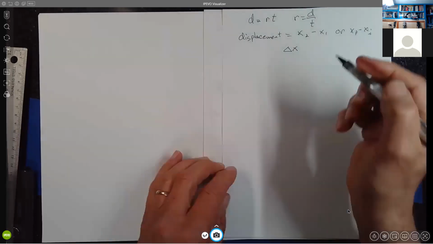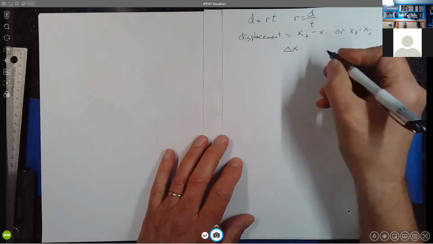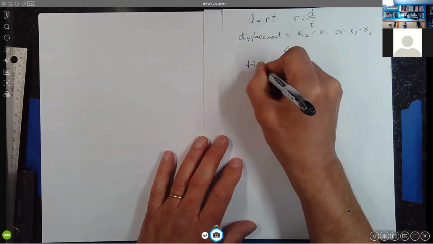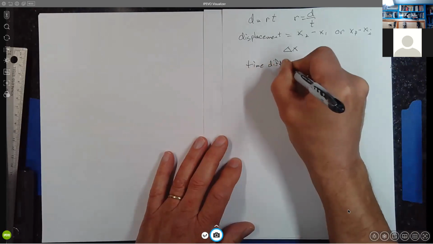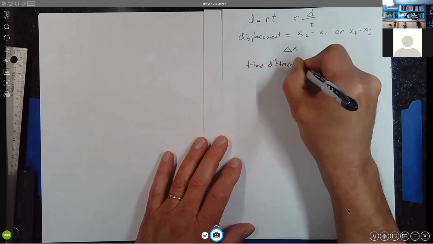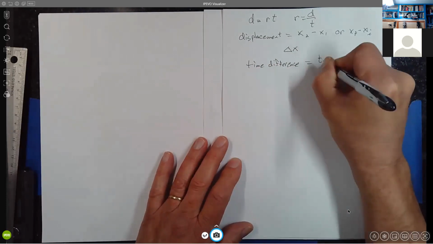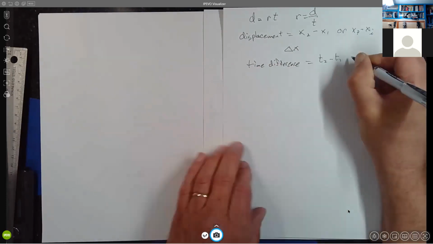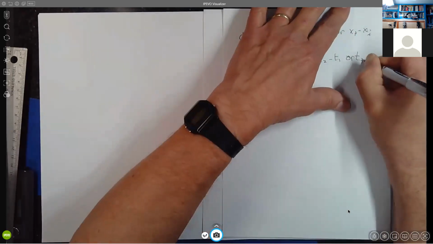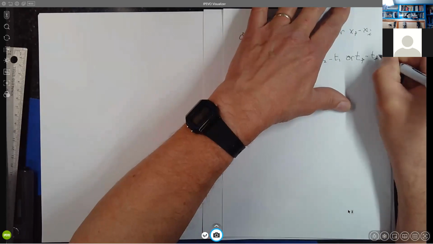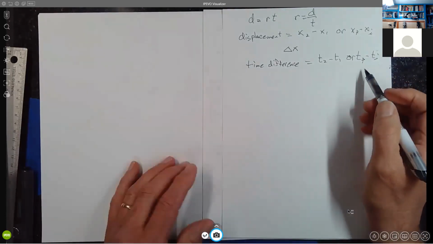And then instead of a single time, we might talk about a time difference. It will often be t2 minus t1 or t final minus t initial, or if t initial happens to be 0, it might just be t.